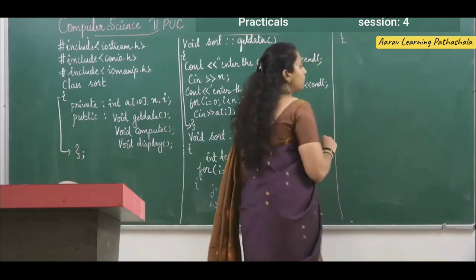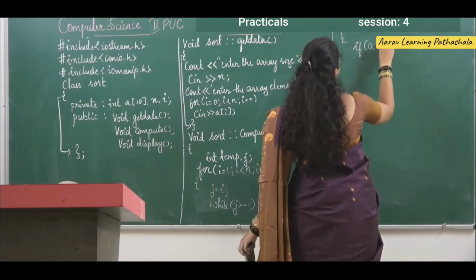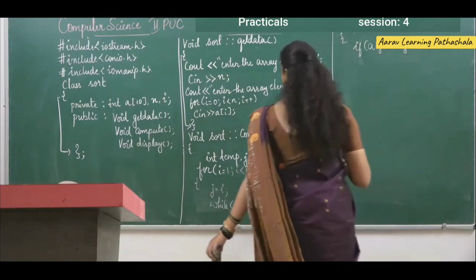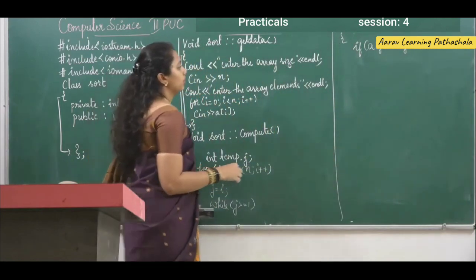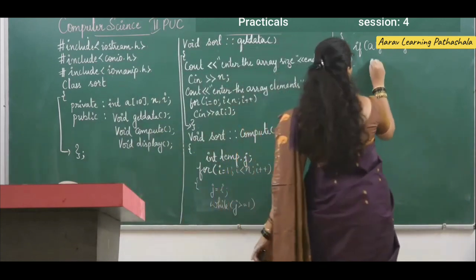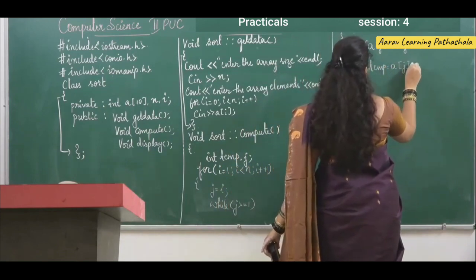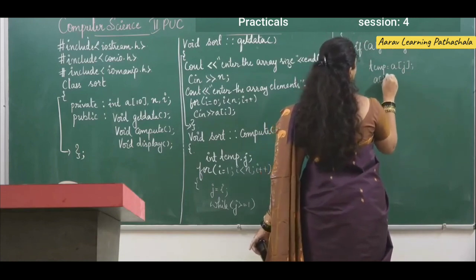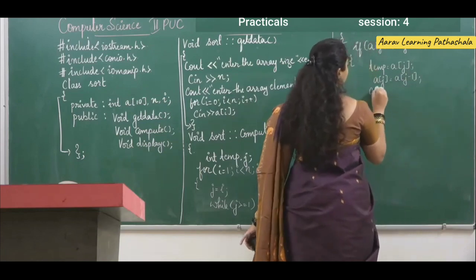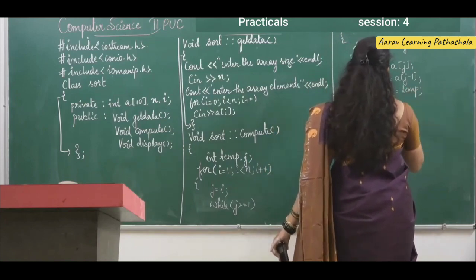If the condition is true, I am going to compare the array elements, that is, if a[j] is less than a[j-1], then we are going to swap the array elements, that is, temp is equal to a[j], a[j] is equal to a[j-1], a[j-1] is equal to temp.